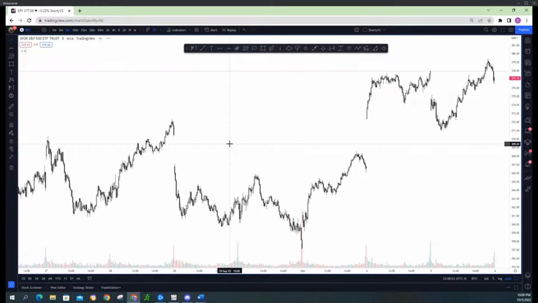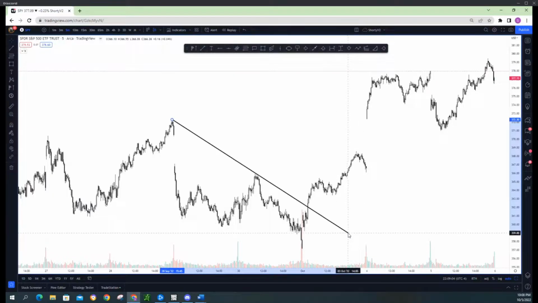Okay. So he's just saying, if you have a falling wedge, why is this all white? If you have a falling wedge or something like a triangle, I was given this trick as well.